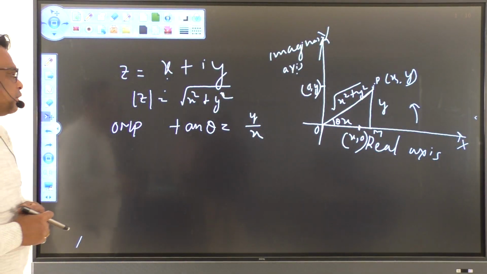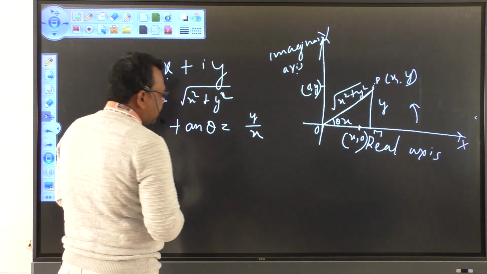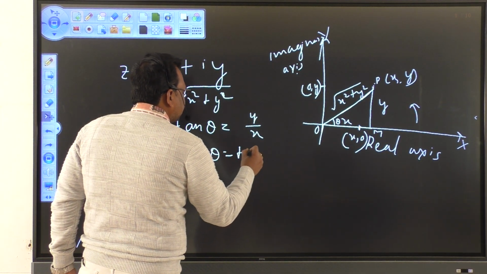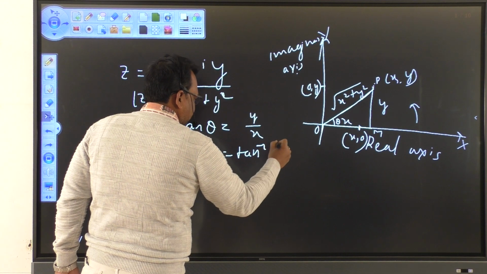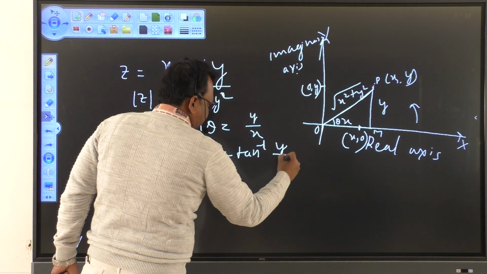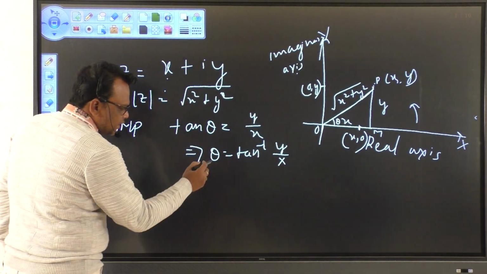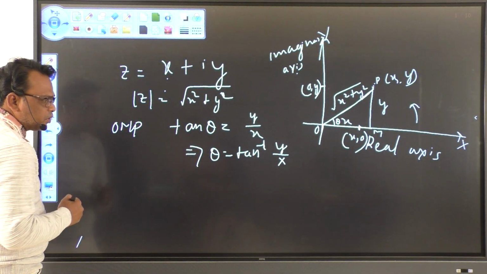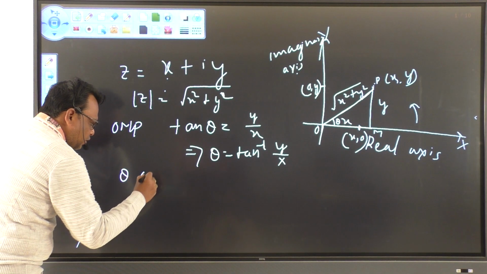Tan theta is equal to y divided by x. Then what is the value of theta? Theta is equal to tan inverse y divided by x. And this theta is called the amplitude or argument of the complex number.